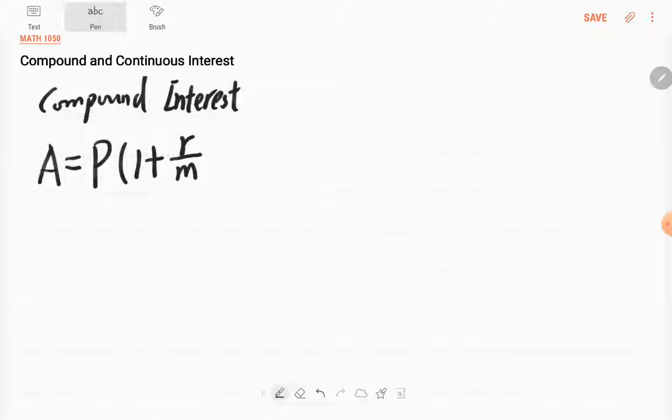How many compound periods per year? If compounded quarterly, M equals 4. If compounded annually, M equals 1. If compounded semi-annually, M equals 2, right? So this is the exponent M times T.